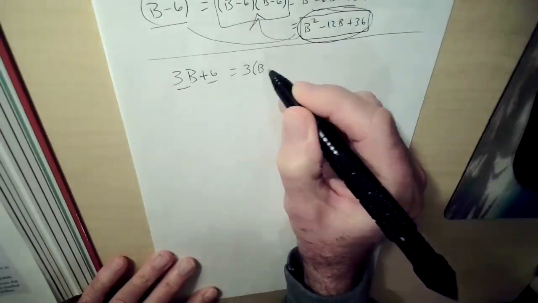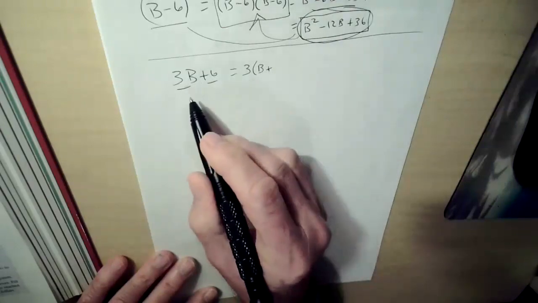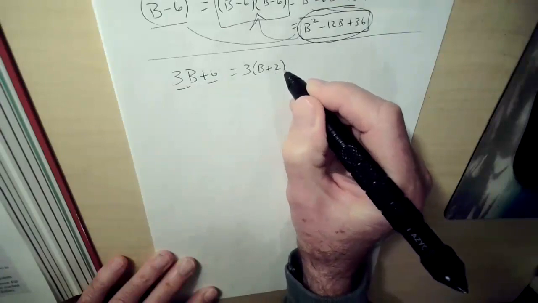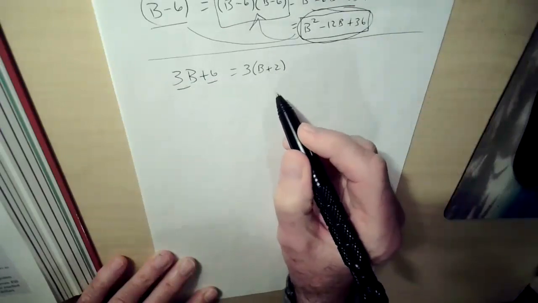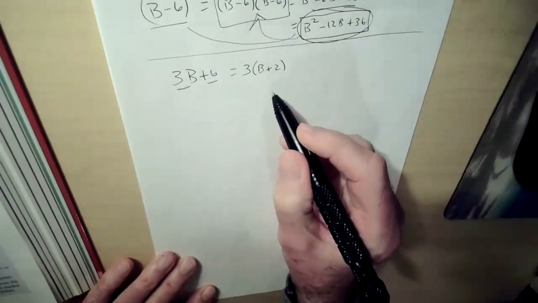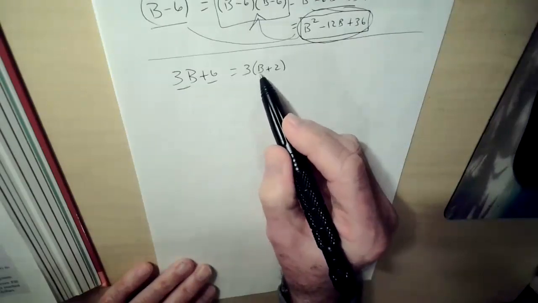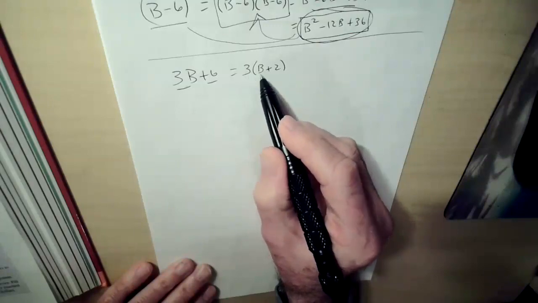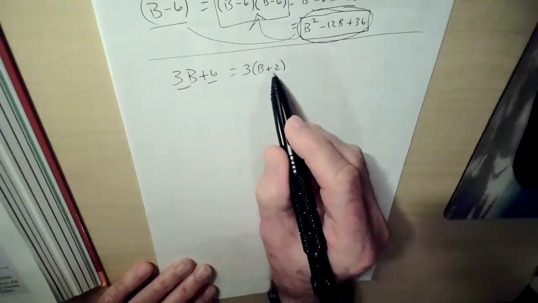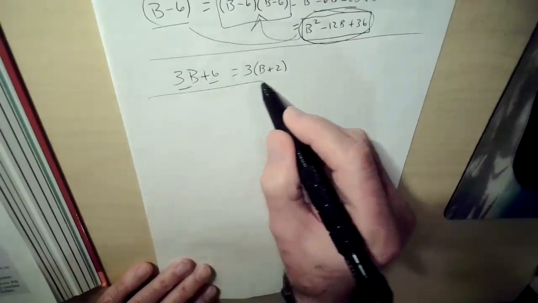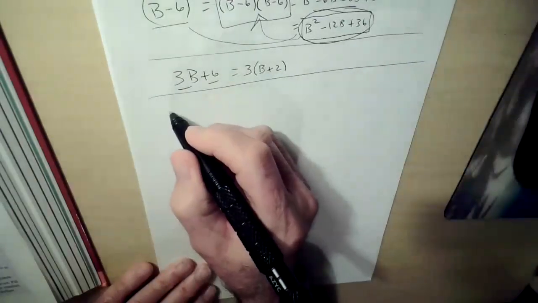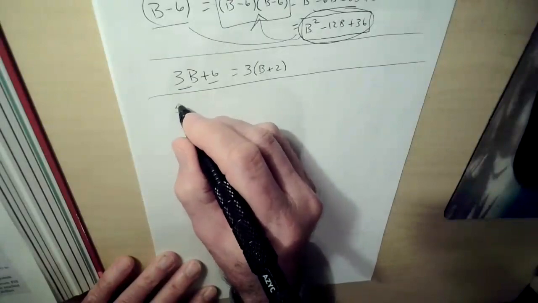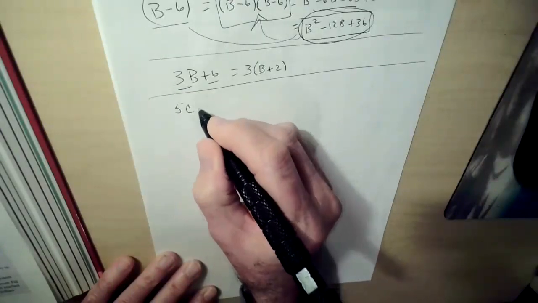Yes, we can take a 3 out. 3 times what is 3b? B. 3 times what is 6? 2. Now look, I always do this backwards also, just to make sure I didn't get fouled up here. 3 times b is 3b, 3 times 2 is 6. Okay, what about this?